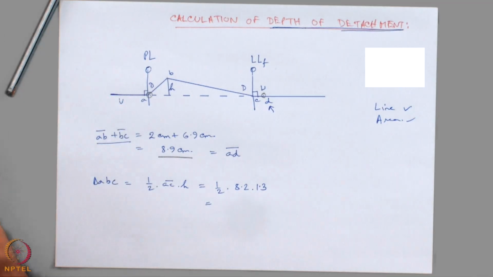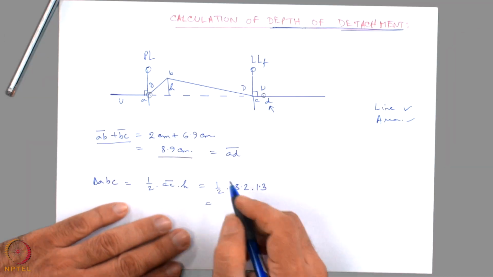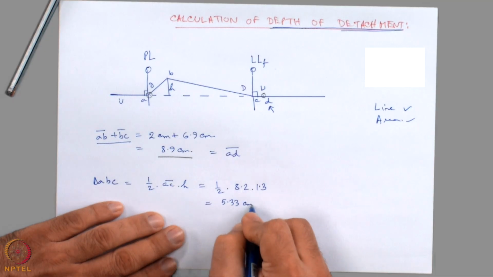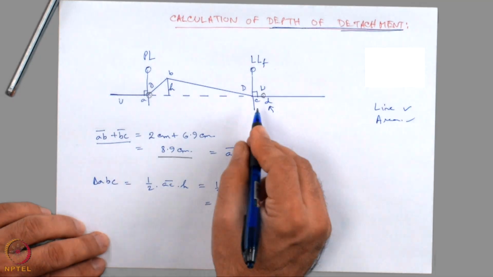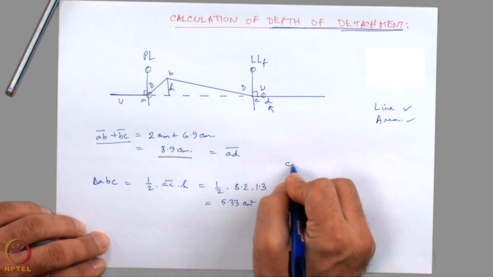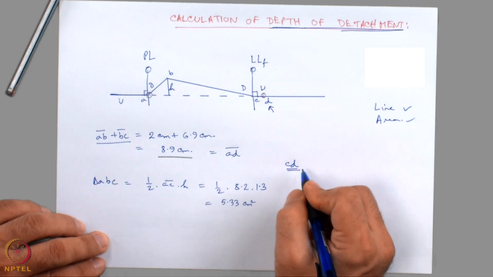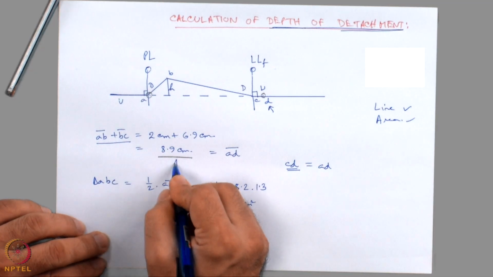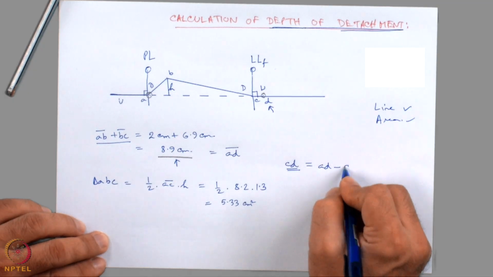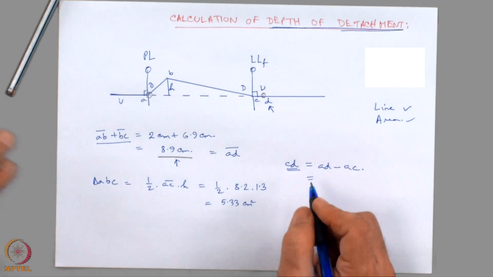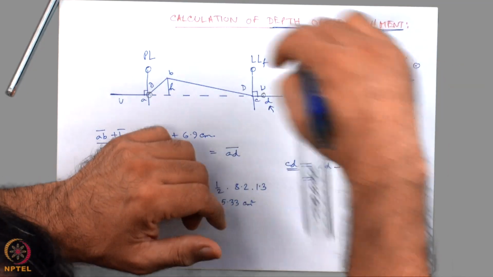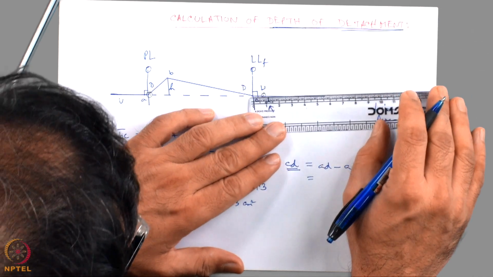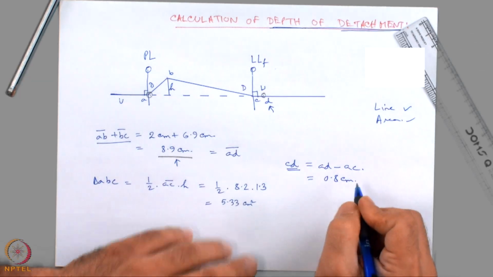So, the area of triangle ABC is 5.33 centimeter square. From the diagram I can obtain the CD length, or I can obtain the CD length also in this way: the AD length, which is already obtained here, minus the AC length. By either of these two means I find the CD length to be equal to 0.8 centimeter.